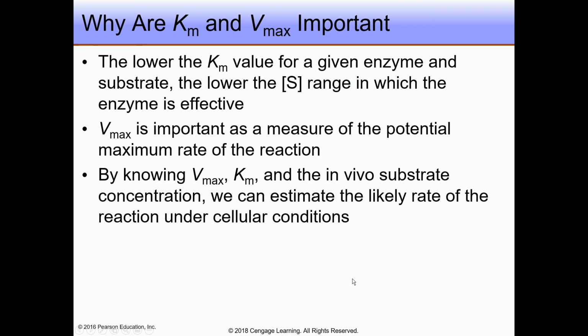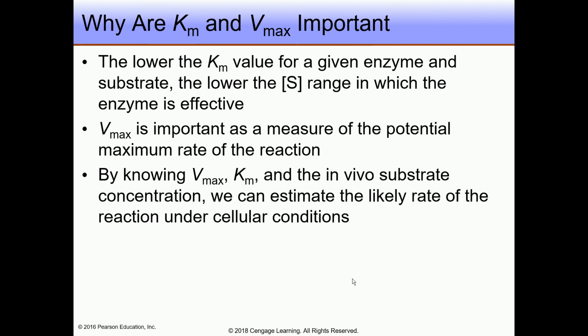So Vmax tells us the maximum rate of reaction an enzymatic reaction can achieve, and Km is that substrate concentration at which the rate of reaction is half the Vmax. So the lower the Km, the less substrate concentration the enzyme needs to reach half the maximum rate of reaction.